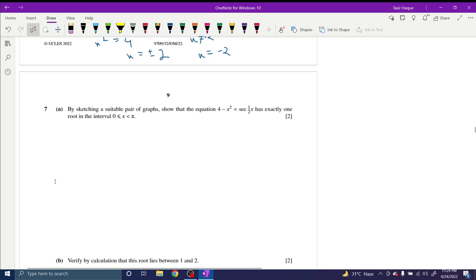By sketching a suitable pair of graphs, show that the equation has exactly one root. Okay, let's do this.